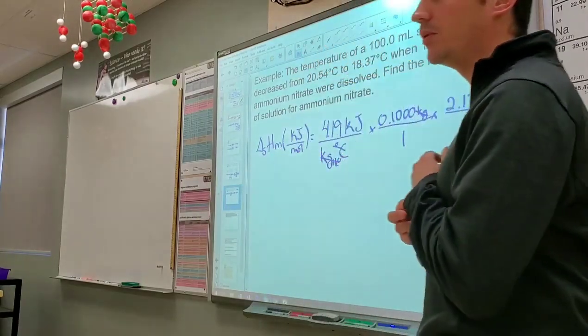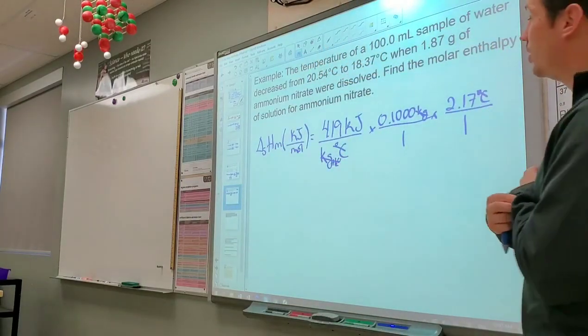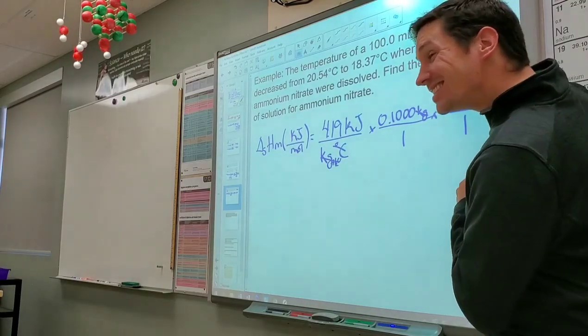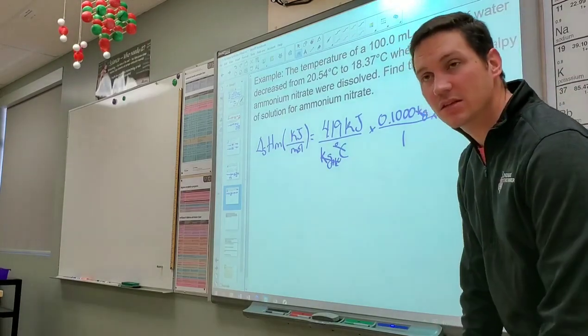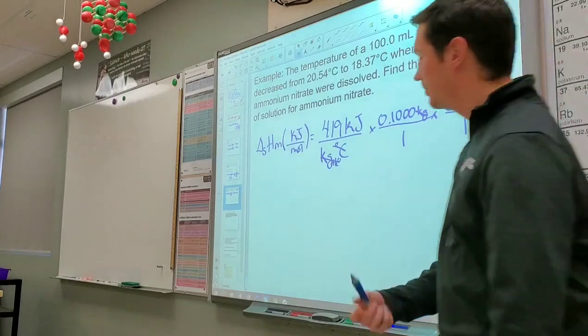Do you know how many moles of ammonium nitrate there was here? No, but you have the mass. So you need the molar mass. What's the molar mass of ammonium nitrate?